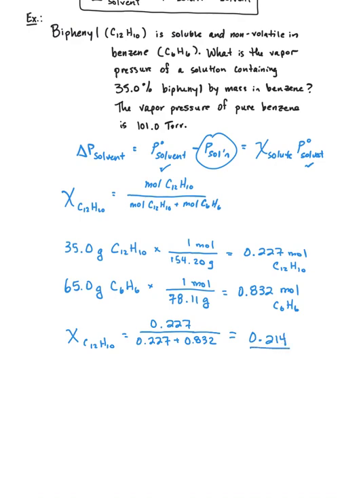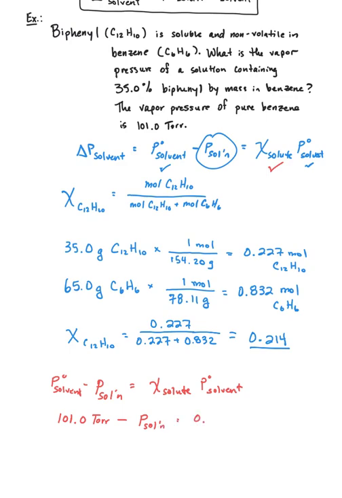Now, we have the last missing piece of the puzzle in the equation up above, the mole fraction of our solute, and we should be able to solve for just the pressure of our solution. The vapor pressure of our solution is given as follows: our pure solvent's vapor pressure minus our mole fraction of solute multiplied by our pure solvent's vapor pressure once again. We were given that the vapor pressure of our pure solvent is 101 torr.